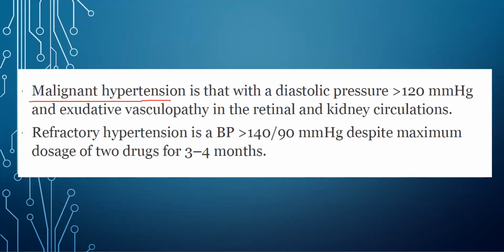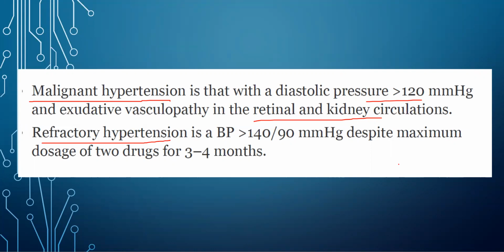There are two other things called malignant hypertension and refractory hypertension. Malignant hypertension means when diastolic blood pressure becomes more than 120 and there is exudative vasculopathy in the retinal and kidney circulation, which means there is end organ damage. So it involves your eye, it involves the kidney.